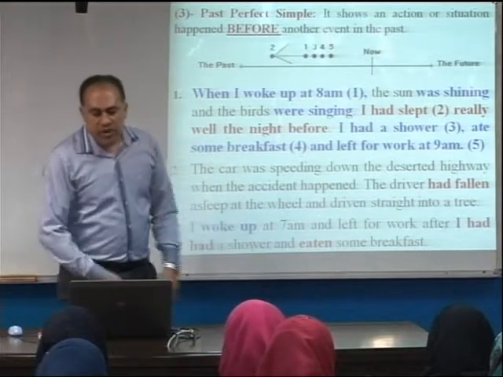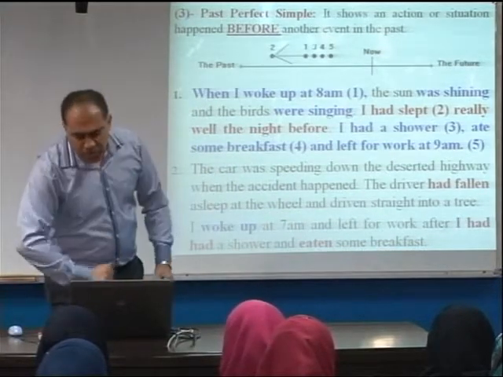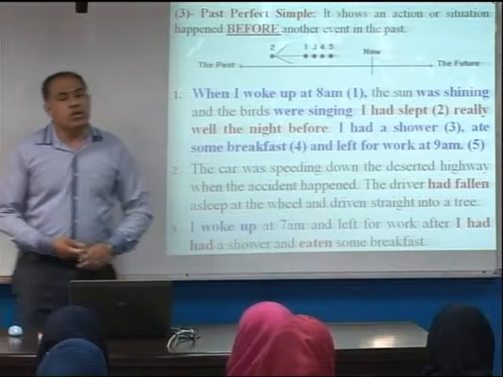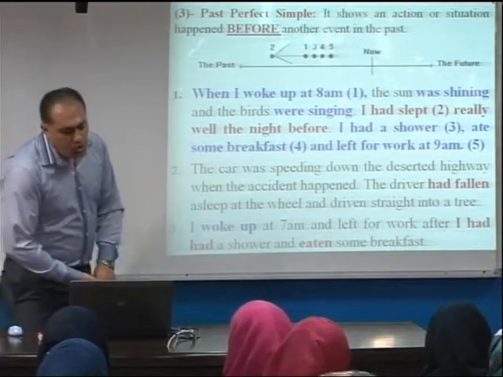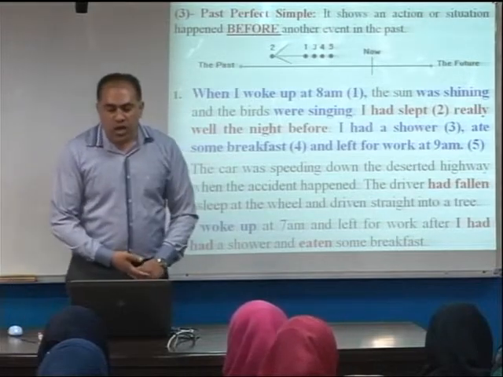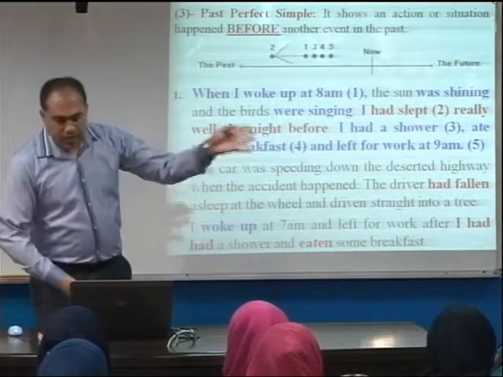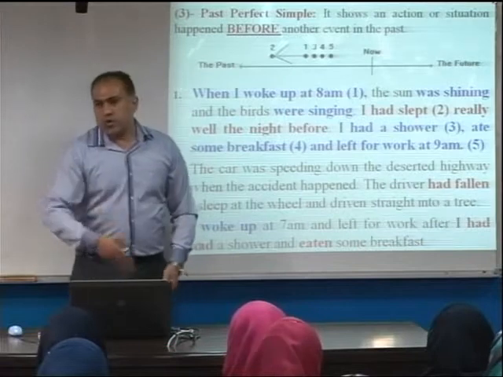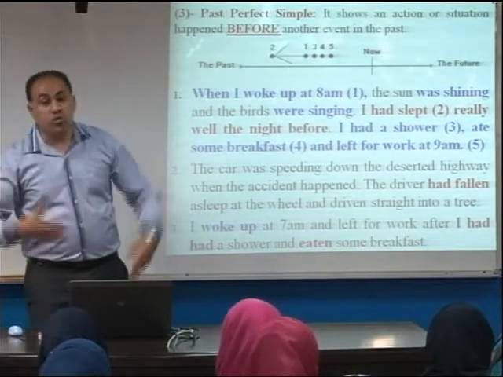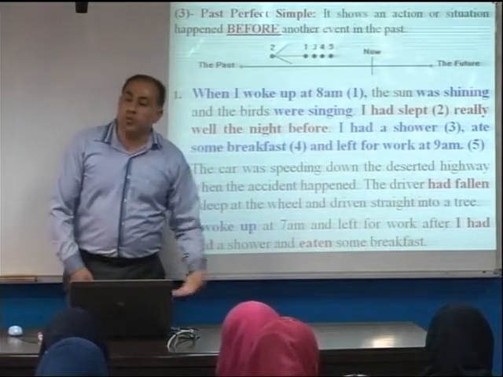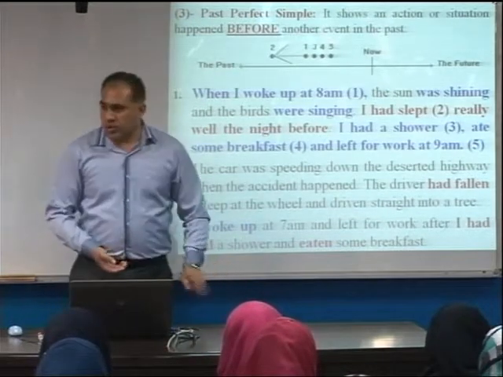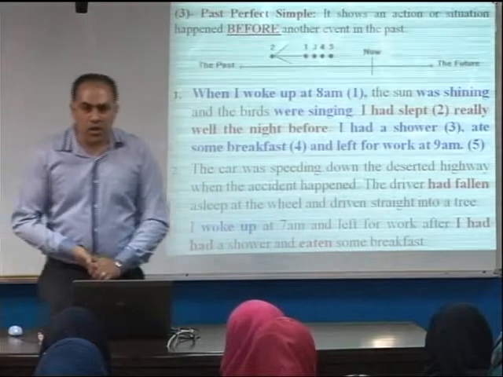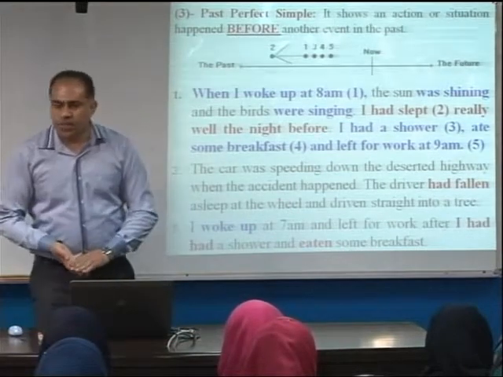The driver had fallen asleep at the wheel and driven straight into a tree. And the third example: I woke up at 7 and left for work. I had had a shower and had eaten. So the eating and shower happened before going to work, and that's why we use the past perfect simple tense, had plus the past participle. Is this clear? Yes. Excellent.